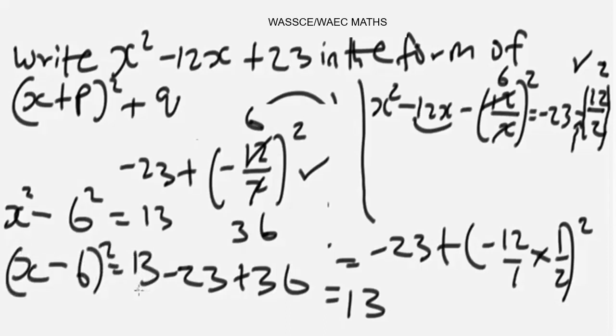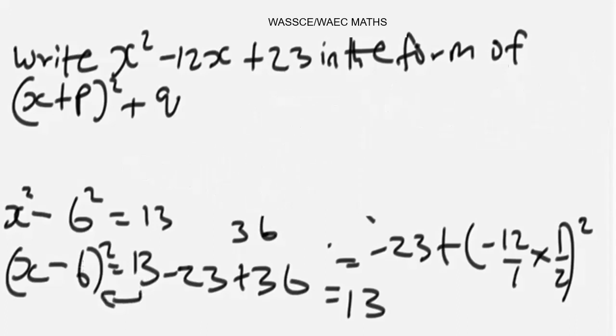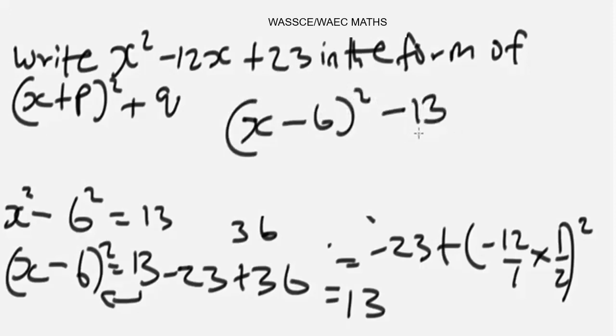When this 13 crosses over the equality sign, we're going to have (x minus 6) squared minus 13. So this is how you can represent this quadratic expression in this form. This will be the answer to this question.